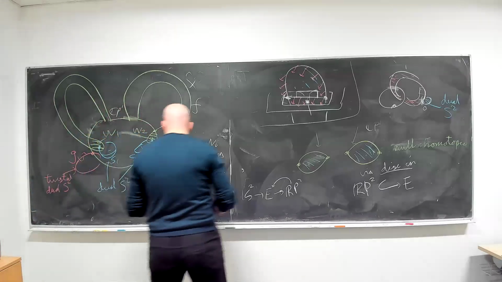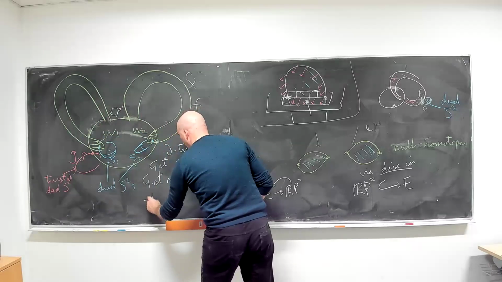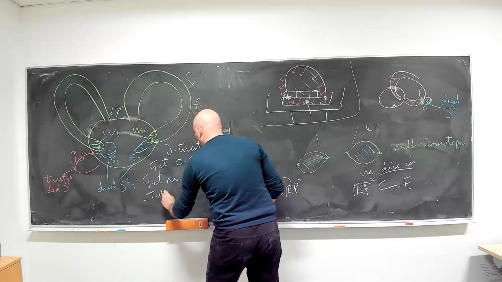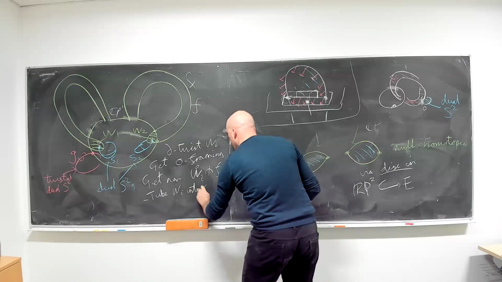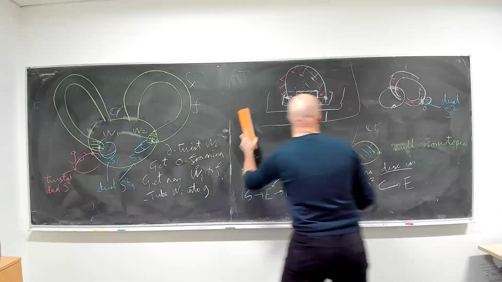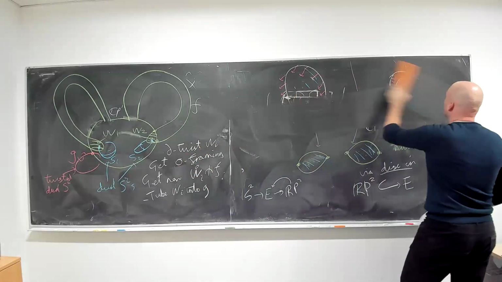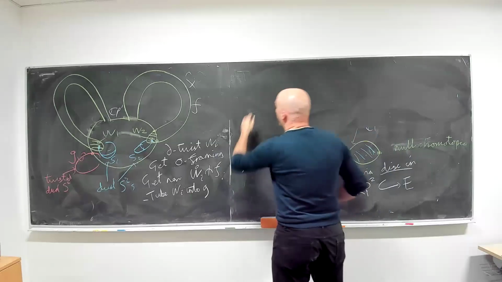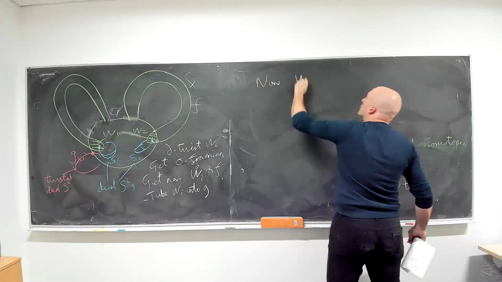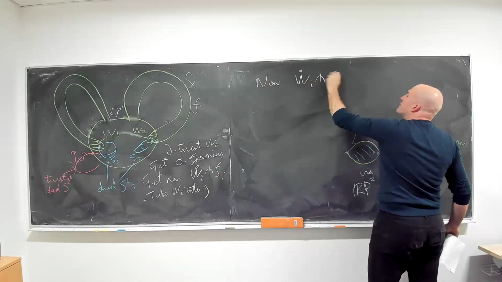Whenever we have a dual sphere, we can tube into it. So tube the WIs into G. So now WIs intersect F is empty.